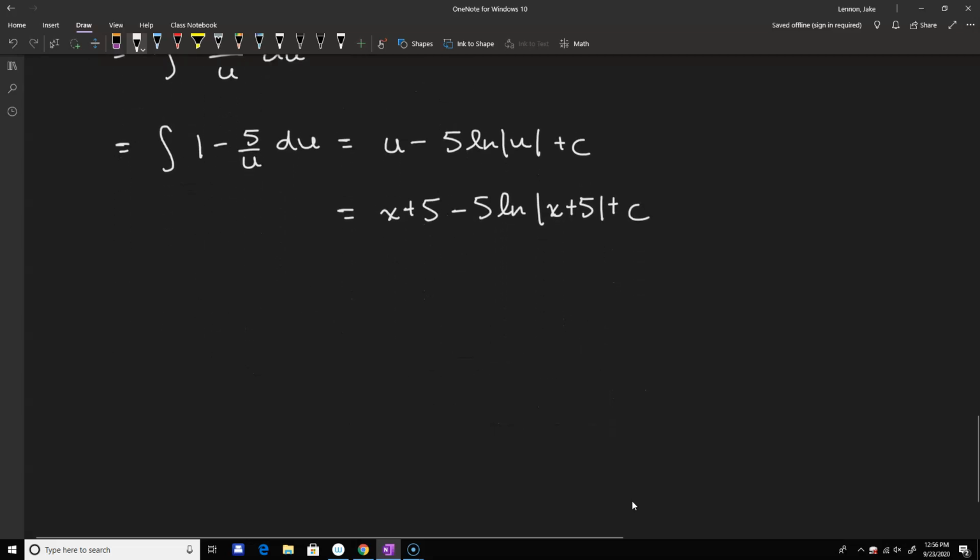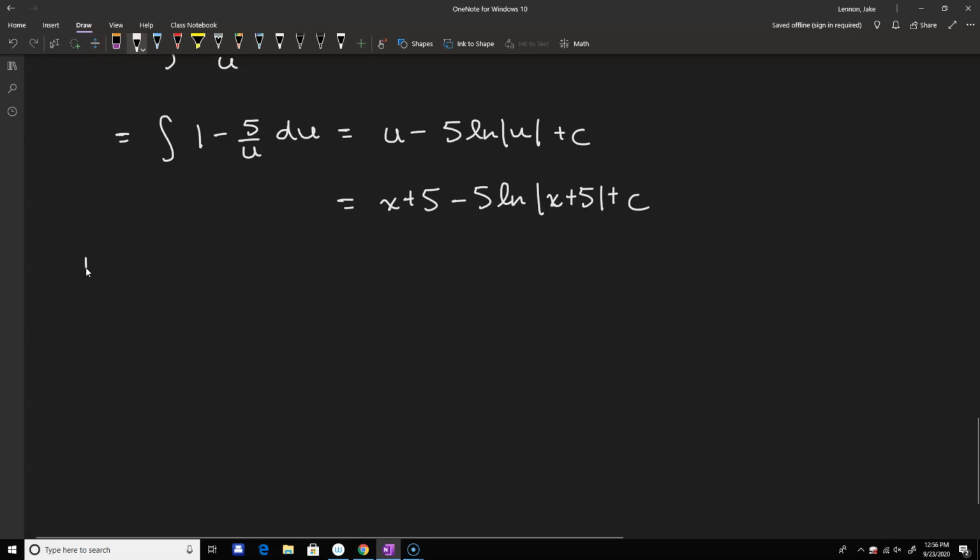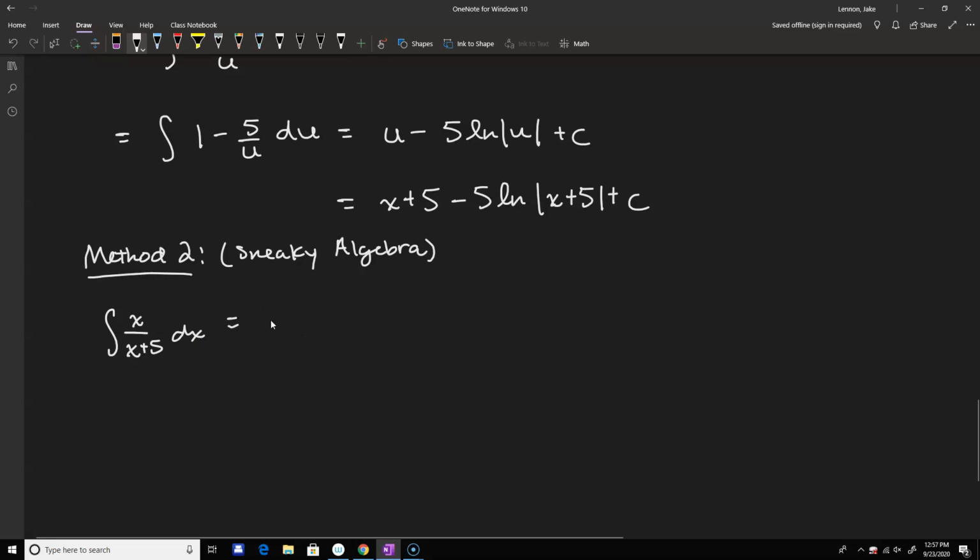Method 2, I would say, is using a bit more sneaky algebra. So if you have the integral of x over x plus 5 dx, what we can do is add 5 and subtract 5 from the top, and that's really just the same thing as adding 0 in a clever way.